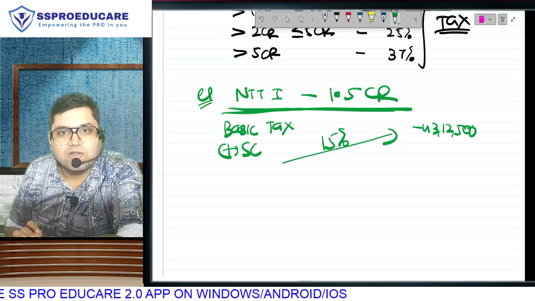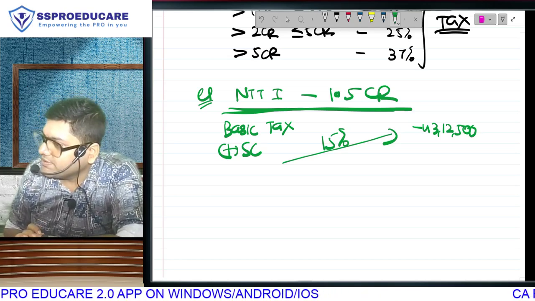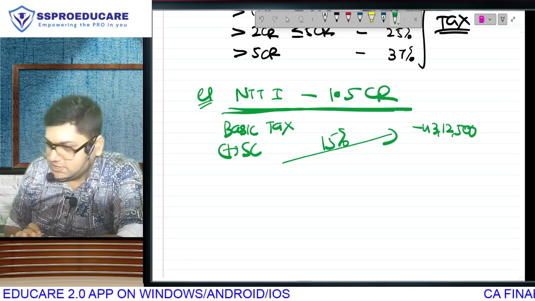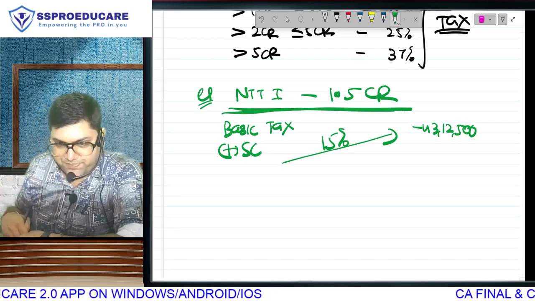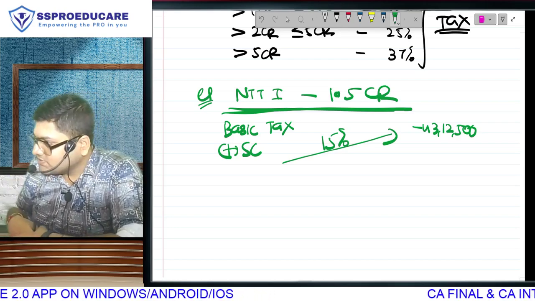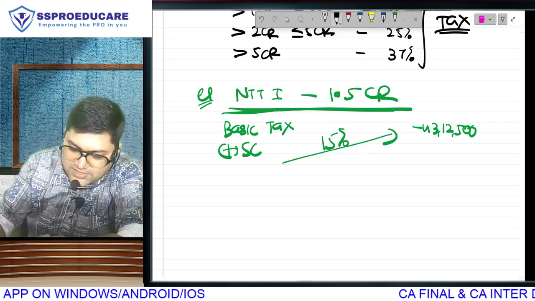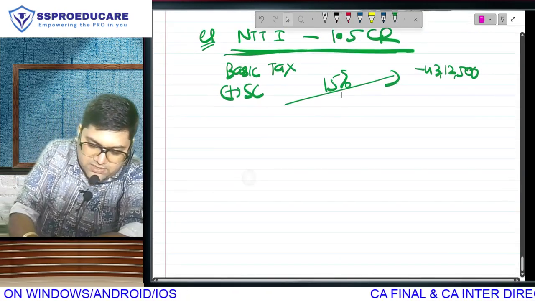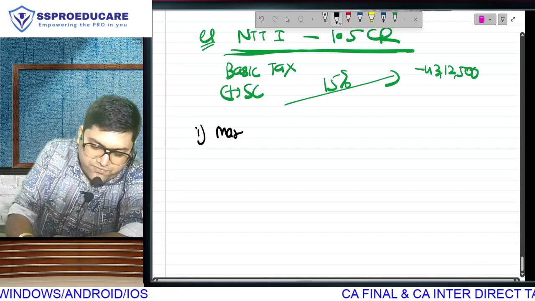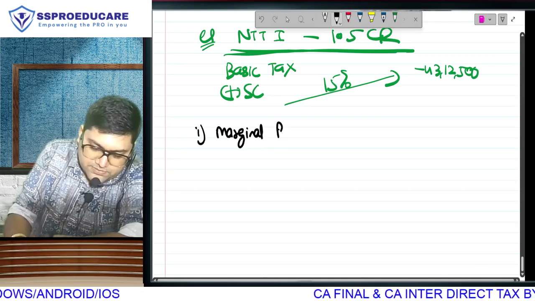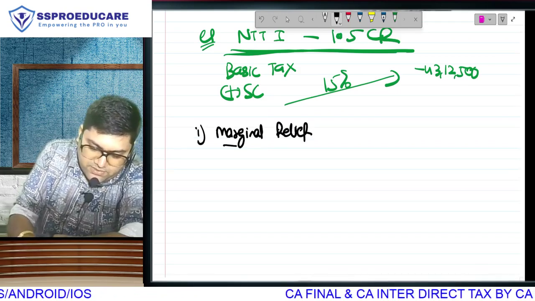But the surcharge concept is not yet over. Surcharge has two things to be noted, just like we discussed with rebate using some examples. First, under surcharge we have a concept of marginal relief.